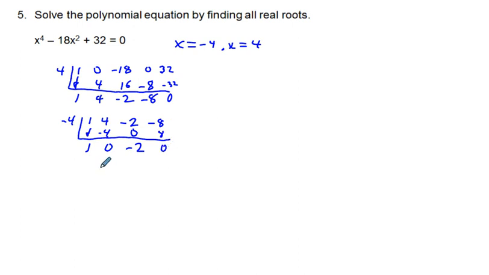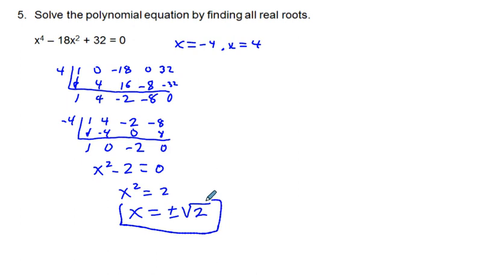So we have x squared minus 2. If we set this equal to 0, and we add 2, x squared is equal to 2. So x is going to be equal to plus or minus square root of 2. So there we have all real roots.